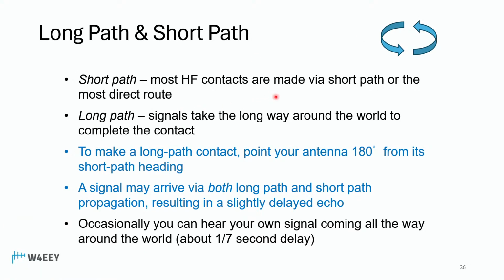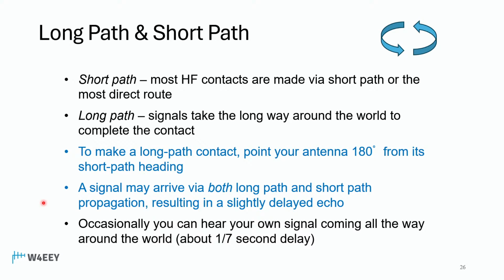So most contacts are made via short path because there's less distance to travel, less attenuation typically. Long path we talked about. Again, to make the long path contact, point your antenna 180 degrees away from the short path heading. And here's something kind of interesting.